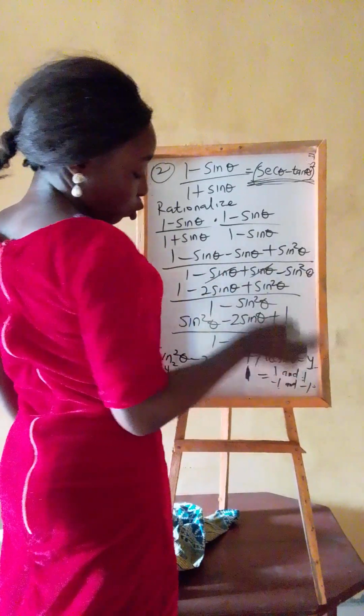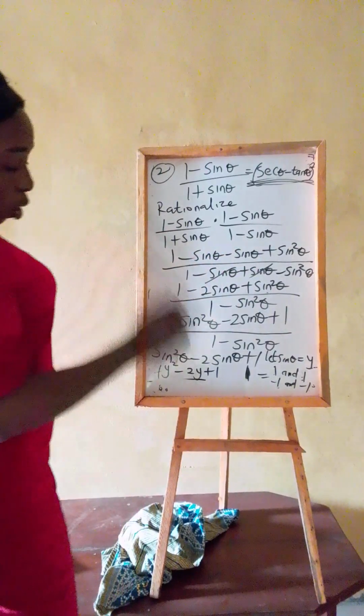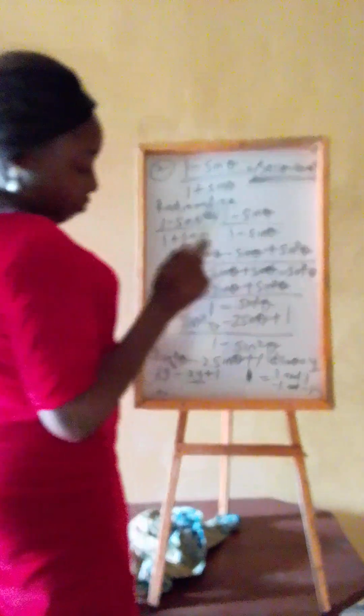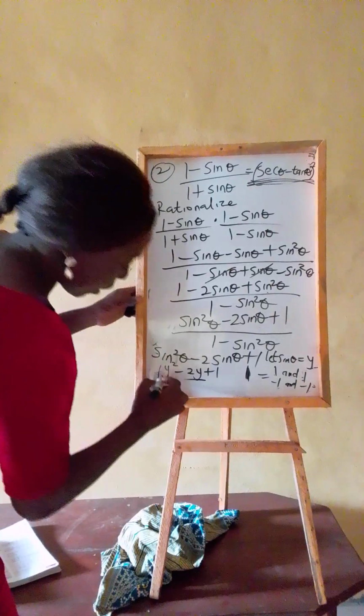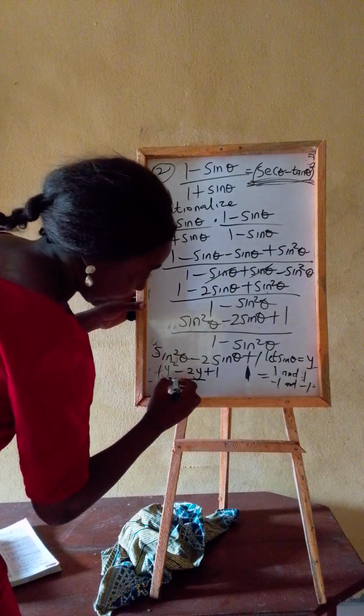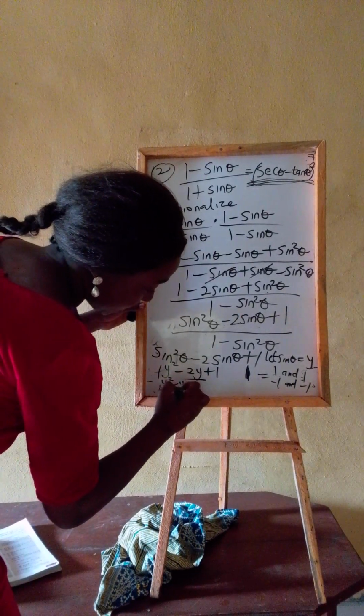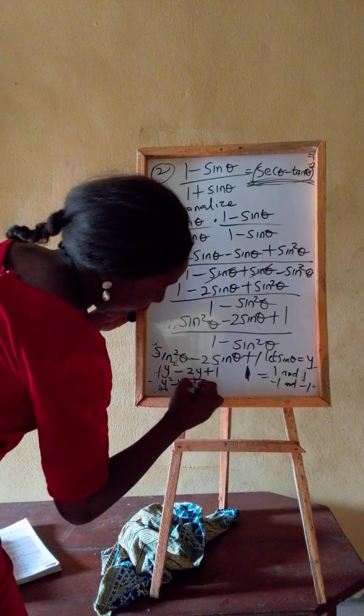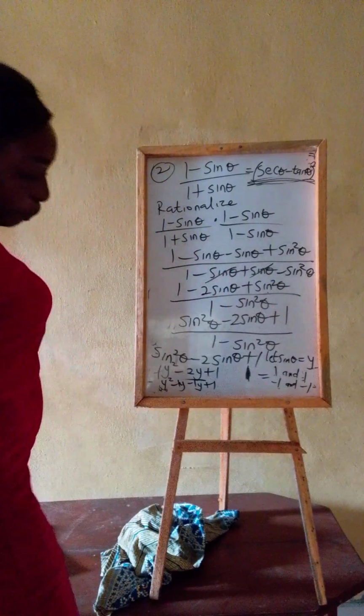Minus 1 times minus 1 is 1, and when we add, it gives minus 2. So we have y squared minus 1y minus 1y plus 1.